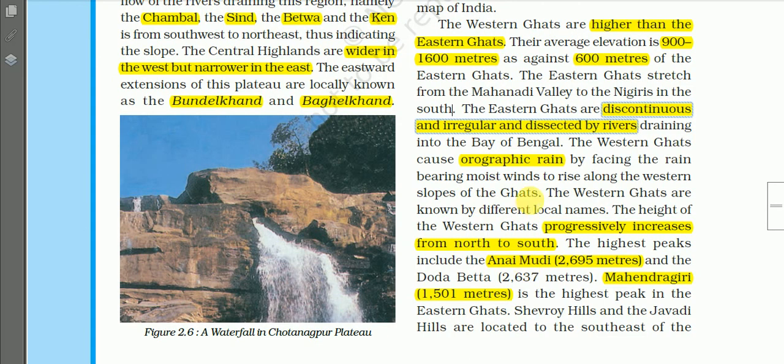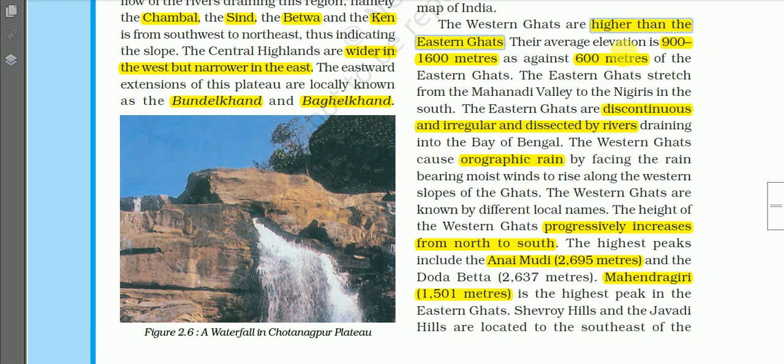So this is the main difference between the Western Ghats and the Eastern Ghats. Again, let me repeat. The Western Ghats are continuous, whereas the Eastern Ghats are discontinuous, irregular and broken at many places because they are dissected by rivers like Mahanadi, Godavari, Krishna, Kaveri. Another point of difference is that the Western Ghats are higher.